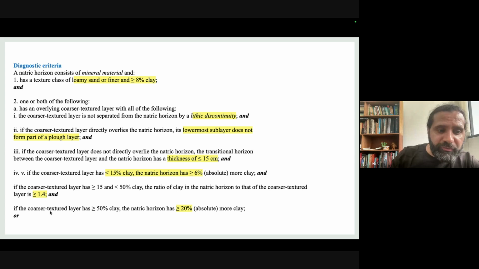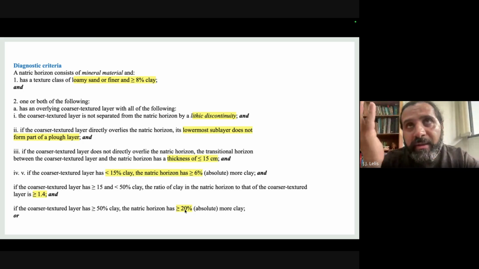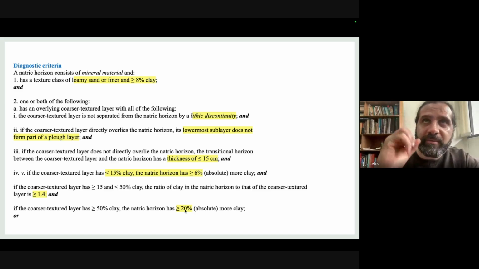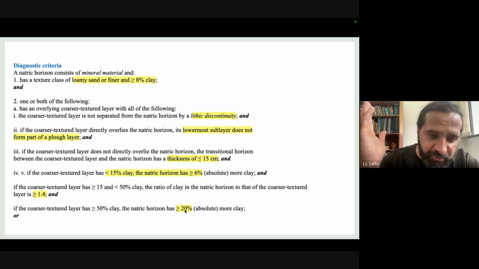Okay, if the coarser texture layer has 50% of clay or more, then the nitric horizon should register 20% or more clay than this overlying horizon. So let's say, for example, that I have an A horizon with 60% of clay.